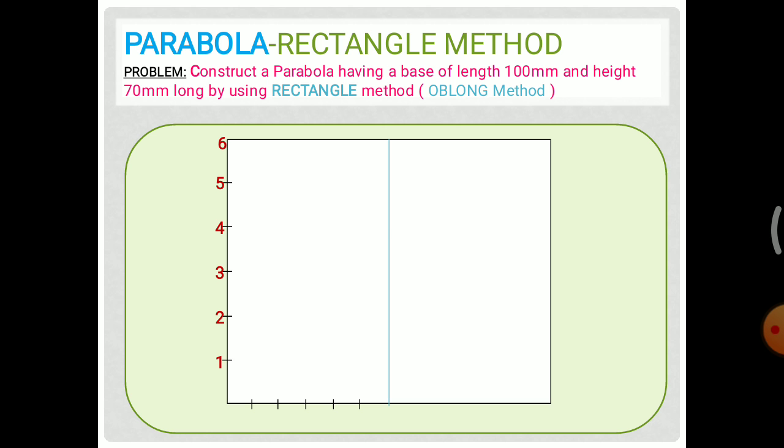I am considering the same number of equal parts, not the same equal lengths, only the number of equal parts. So if we have divided the vertical line into 5 equal parts, we want to divide the horizontal line into 5 equal parts also. So the same number of equal parts have been divided.